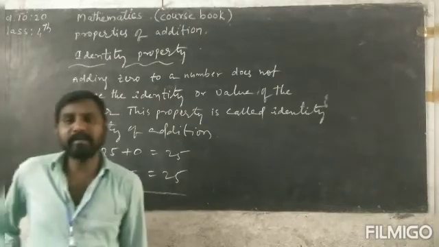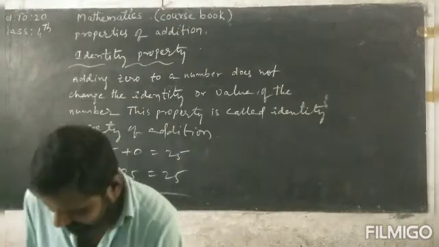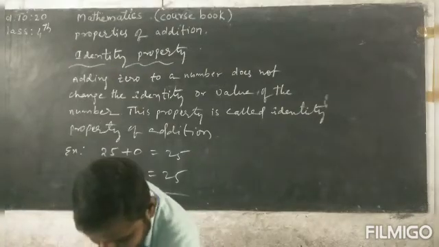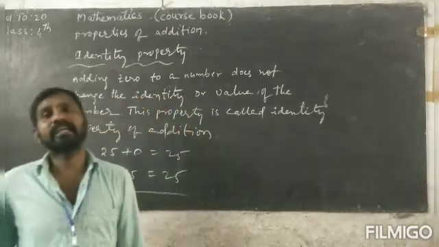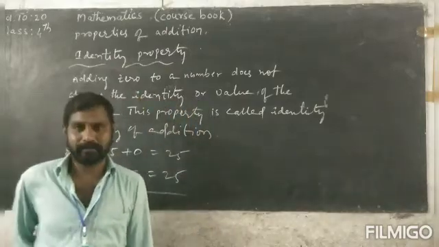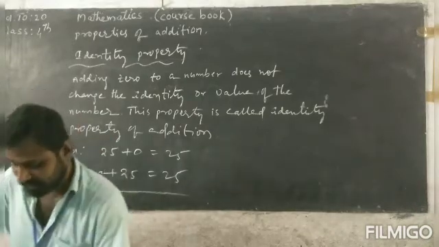See here, relation between addition and subtraction. So I can say one example, listen carefully. One addition fact can give two subtraction facts. So that is called the relation between addition and subtraction.